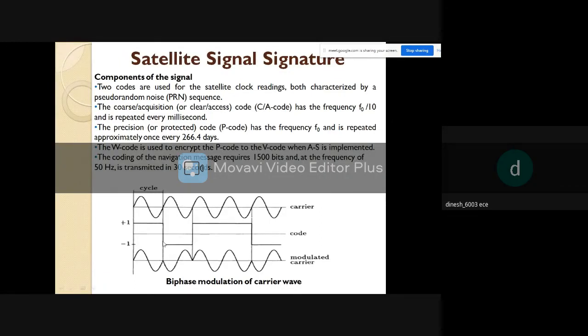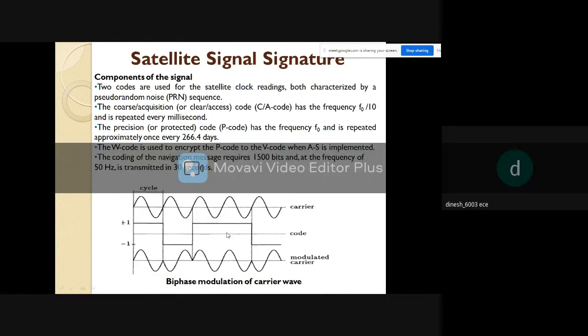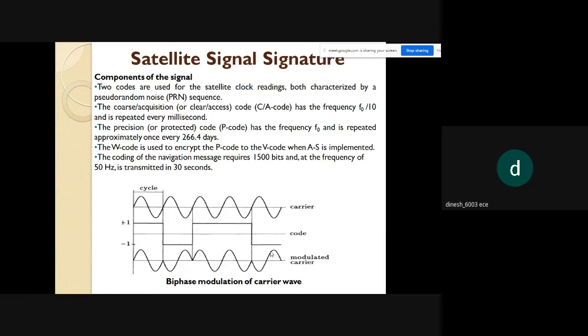And in the case of -1, it will be an inversion of that, so it will go from bottom to the top. You can see that inversion. This is your biphase. Again it is being sent for this entire carrier +1, so +1. And the next is also positive, negative, so it is also positive, negative. Again we get -1, so it starts from here. All of you are familiar with this diagrammatic representation from digital communication also, I think. Biphase modulation.